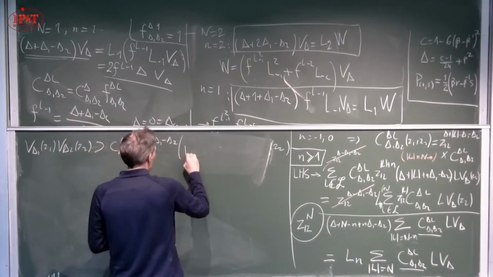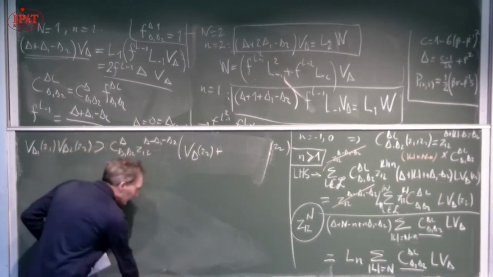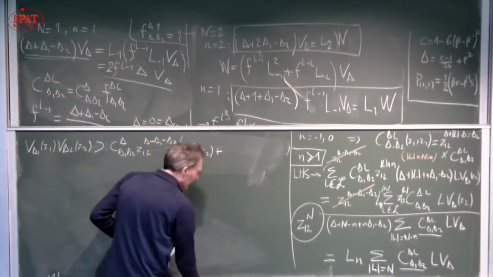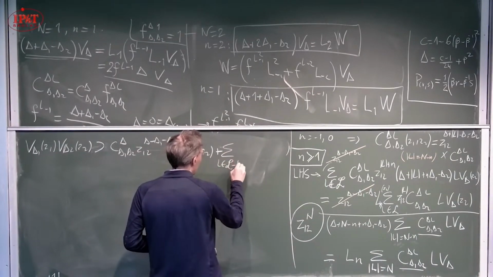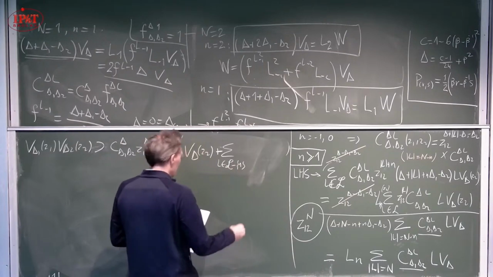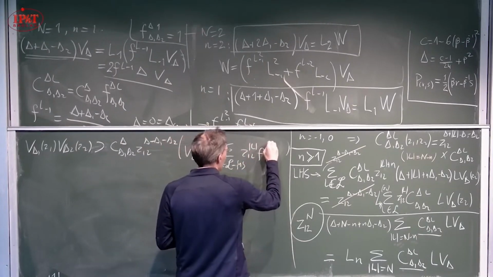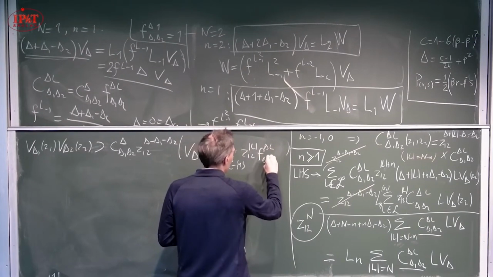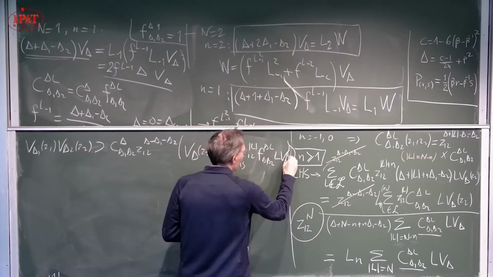And then we have our primary field, V_{Δ}(z2). And then the contributions of all the descendants, which are of the type sum over L, some creation operator, which is not 1, and then the coefficient z_{12} to the n, and the coefficient f_{Δ,L}^{Δ1,Δ2}, L V_Δ(z2).